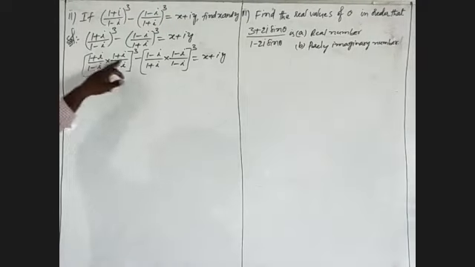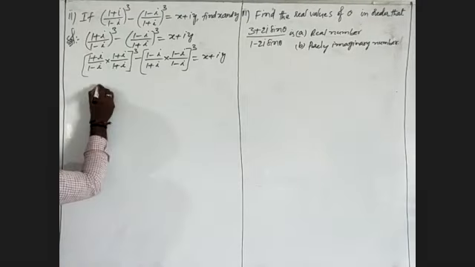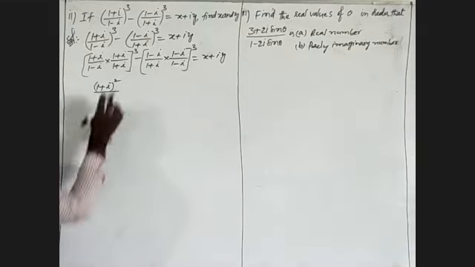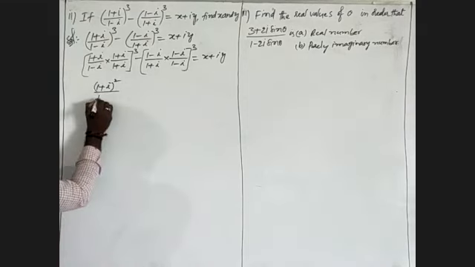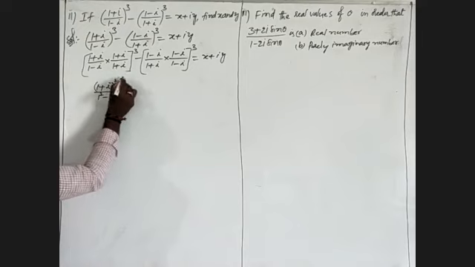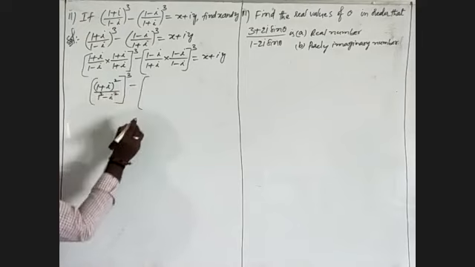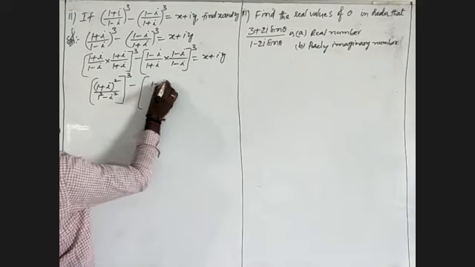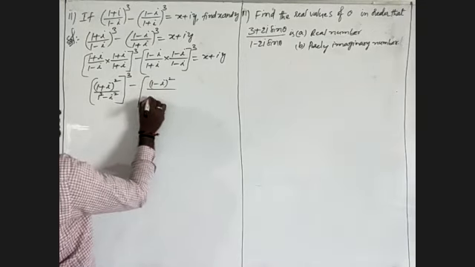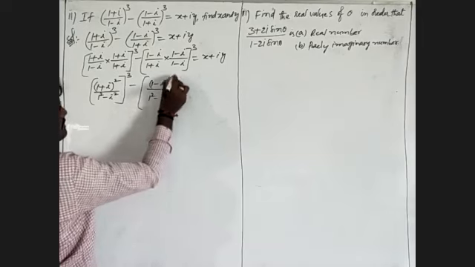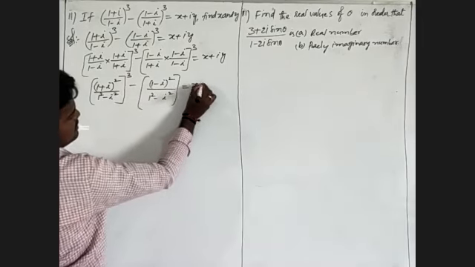So observe here, both terms are equal. That must be written as (1+i) whole square by the denominator, which is of the form (a minus b)(a plus b), so 1 square minus i square, whole cube, minus here the numerator also, (1-i) whole square by 1 square minus i square, must be equal to x plus iy.